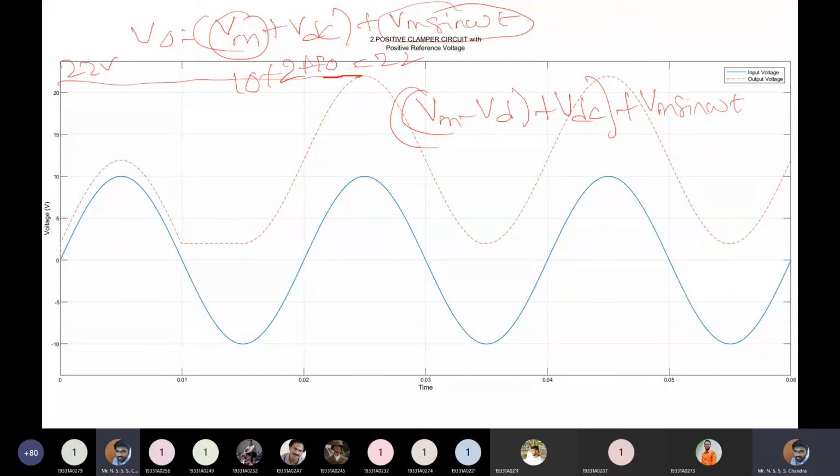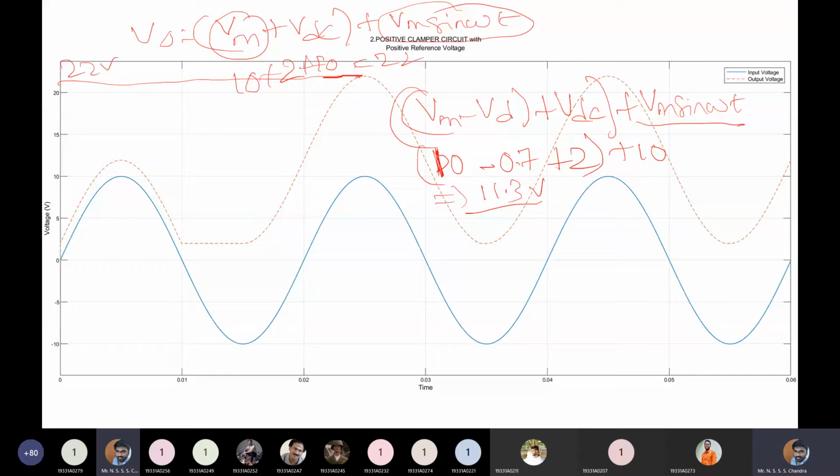In such a scenario, the output voltage would have been 10 volts minus the drop across the silicon diode, 0.7 volts, plus VDC, 2 volts, the battery voltage, and then again the maximum value of Vm sin omega t is Vm, which is equal to 10 volts. So it would have been 22 minus 0.7, that is around 21.3.